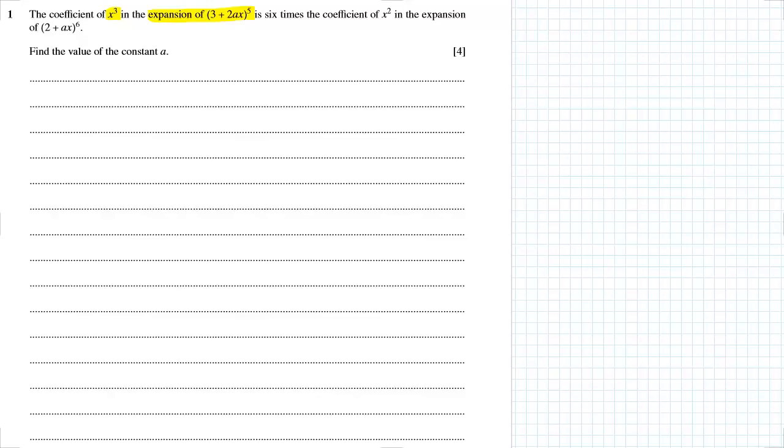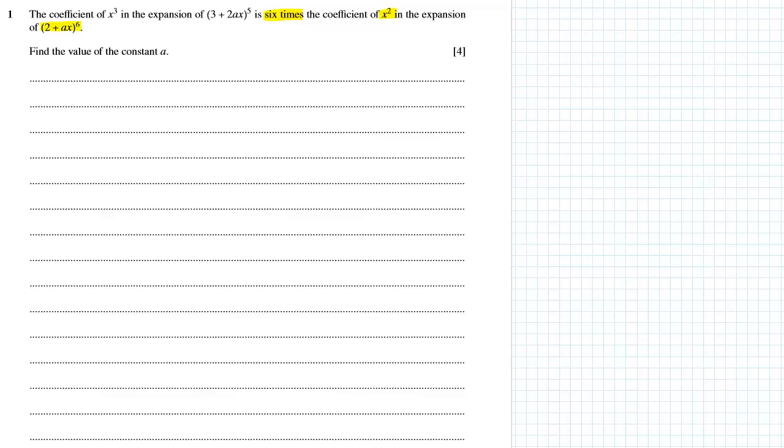Now we know how to do binomial expansion, so we should be able to find the x cubed term if we expanded those brackets. Then we're told that coefficient, that's the number before the x cubed, is 6 times the coefficient of x squared in the expansion of (2 + ax)^6.